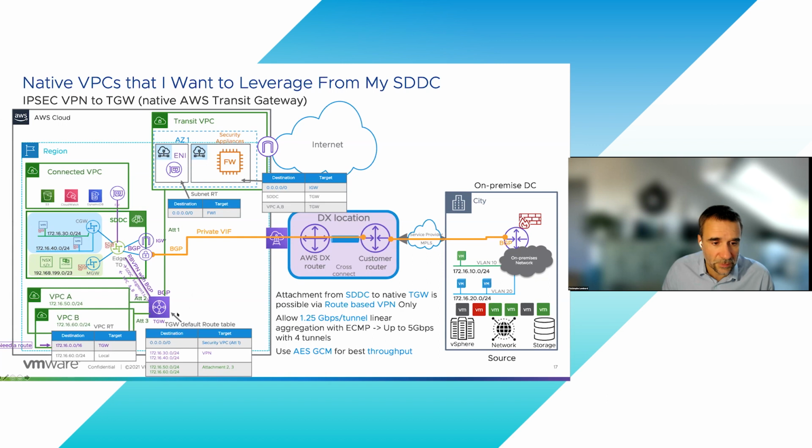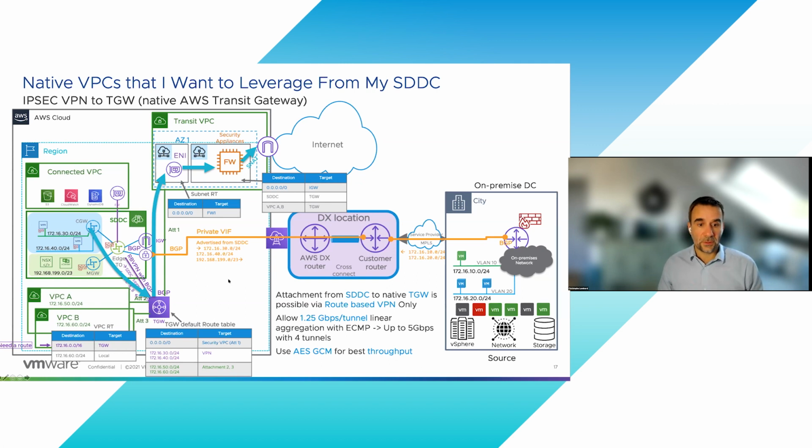This is pretty much how the traffic from the workloads running on the SDDC would flow: going to the TGW, then to the private subnet of the transit VPC, and then to the public subnet where the security appliance stands, with the security appliance filtering all of the traffic and doing the source NAT to be able to access the internet over this transit VPC.